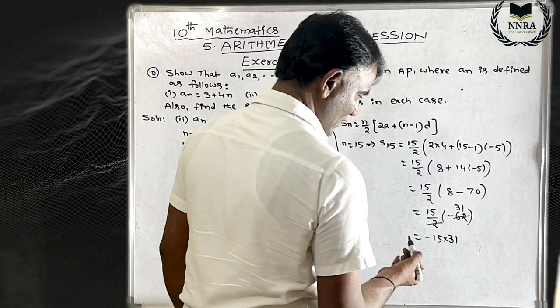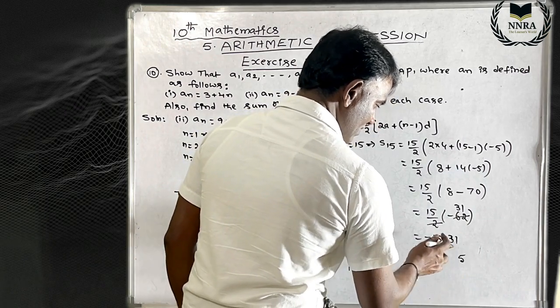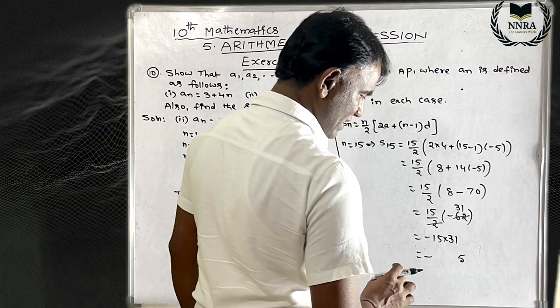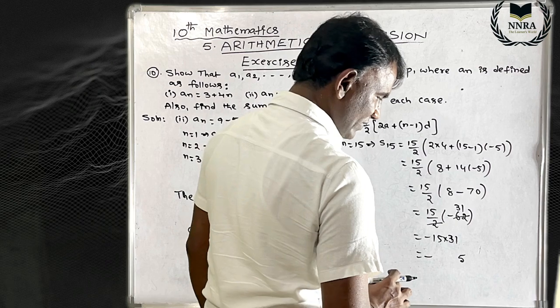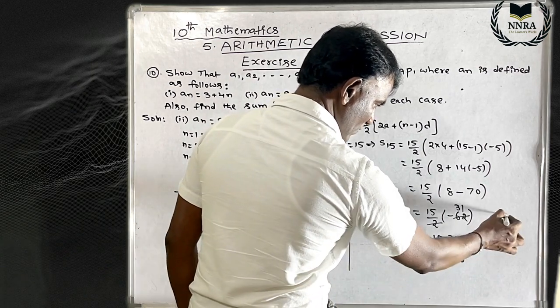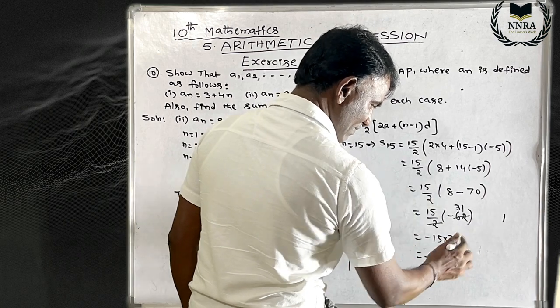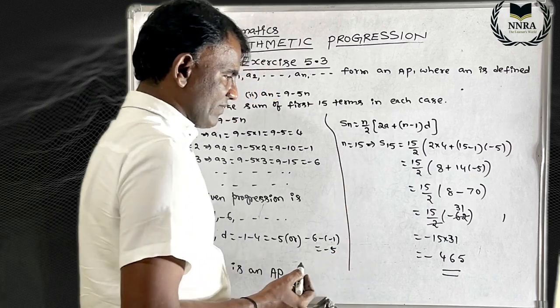So how much? 15 into 1 is 15. 15 into 3 is 45, plus 1 is 46. That is the answer. Minus 465 is the answer.